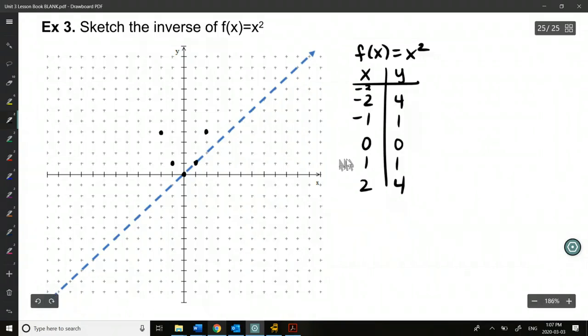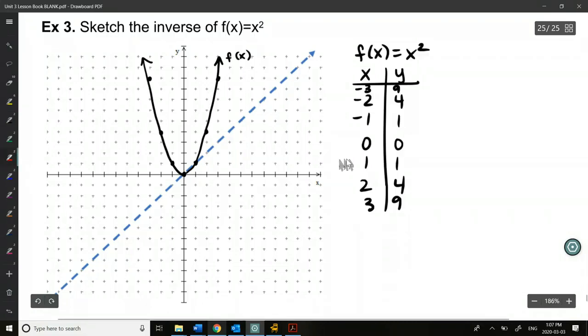We can also sneak in -3, 9 and +3, 9 as well, just because they can fit on our graph here. Okay, so here is f at x.